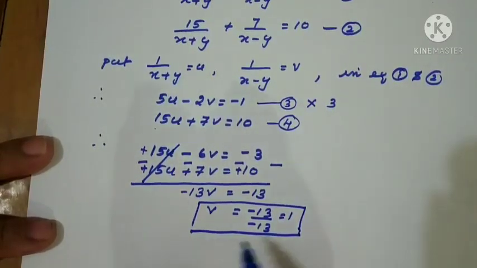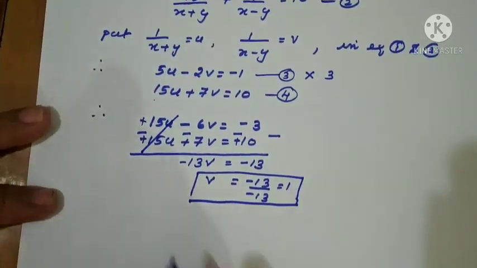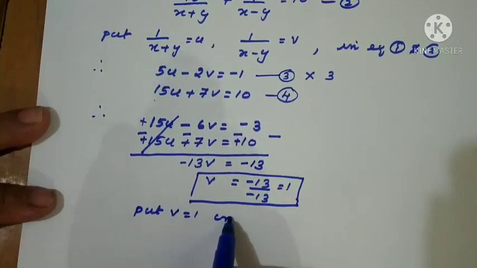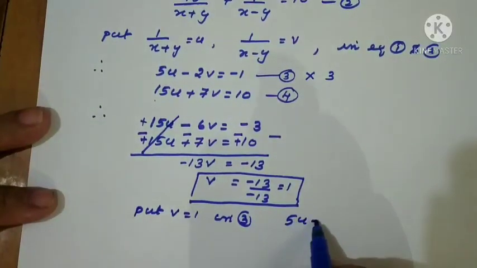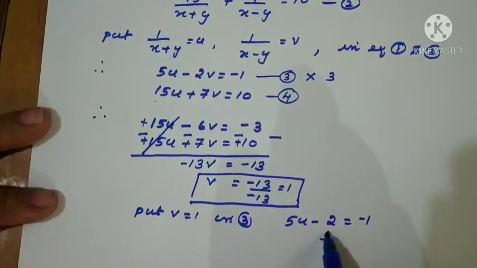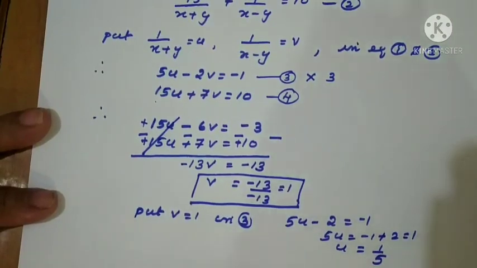Now in any one of the equations we can put v = 1. So put v = 1 in equation 3. 5u - 2 = -1, so 5u = -1 + 2 = 1, u = 1/5.